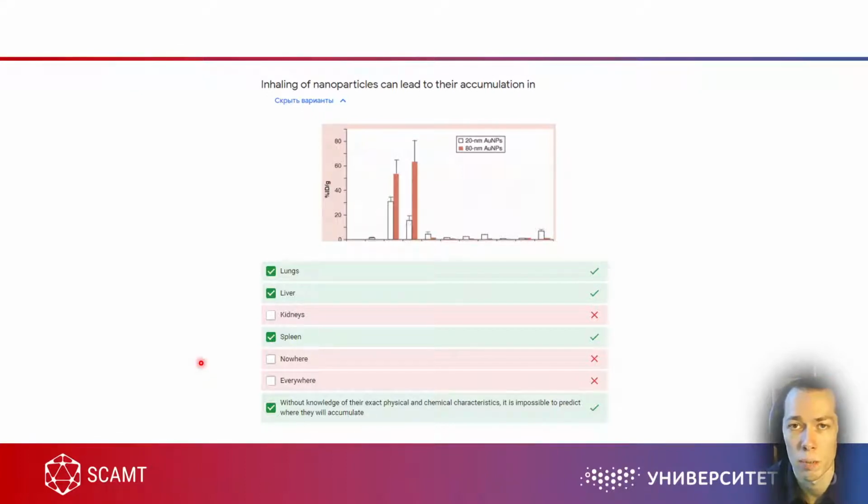Not much nanoparticles will accumulate in skin after inhalation, definitely, and we have some other tissues which are not accumulating nanoparticles at all. So definitely not everywhere, not nowhere, but lungs, liver, spleen, and well, there's also some option that we cannot be sure.